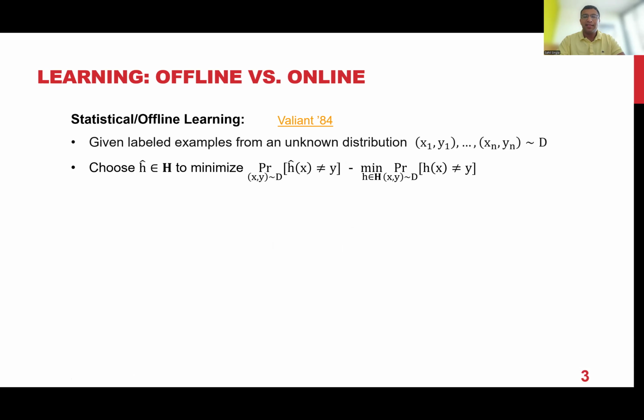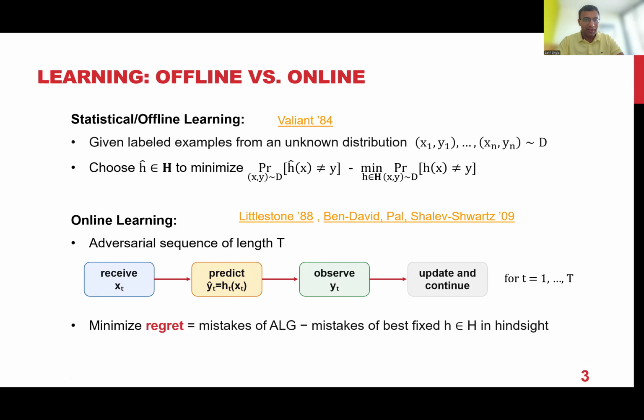People have also studied this problem a lot in the online context, where the entire data is not known upfront. This again goes back to work in the 80s, already studied by Littlestone and others, and generalized and extended by the work of Ben-David, Pál, and Shalev-Shwartz in 2009. Here the setup is that rather than giving you all the data upfront, you receive an instance xt and have to make a prediction.